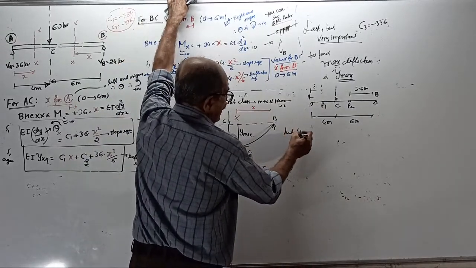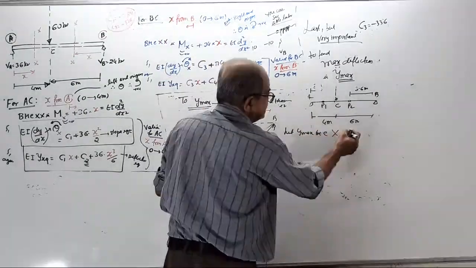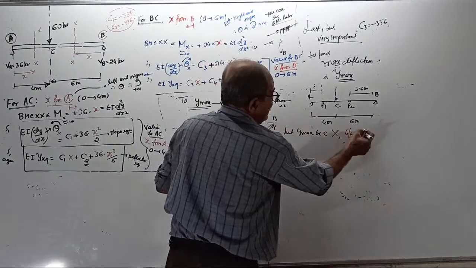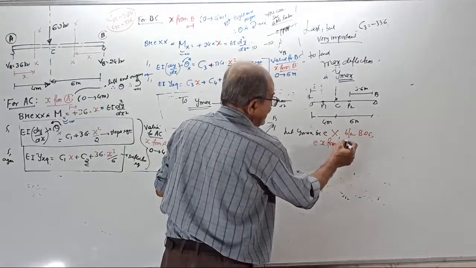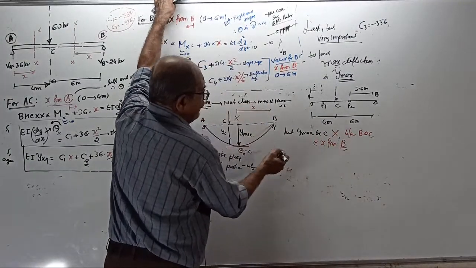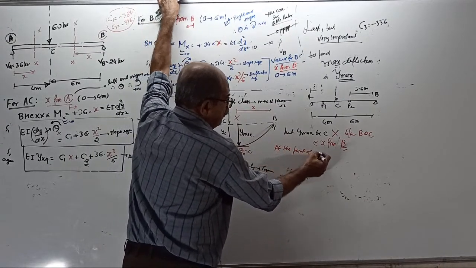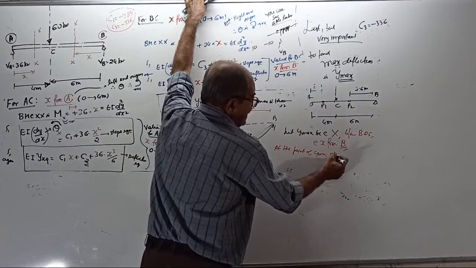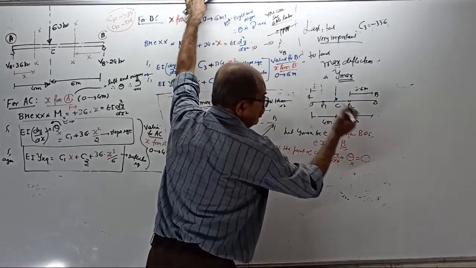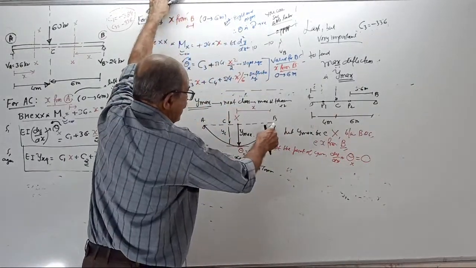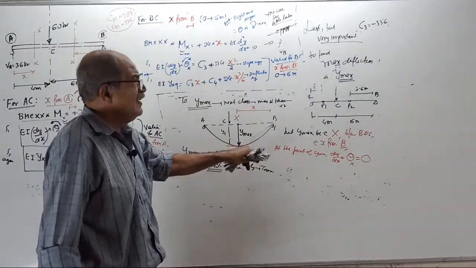Let Y max be at a point X between B and C, at X from origin B. At the point of Y maximum, dy by dx or slope theta at x should be equal to 0. Wherever y is maximum, the slope should be 0. It's a rule. I will explain it all in tomorrow's class.